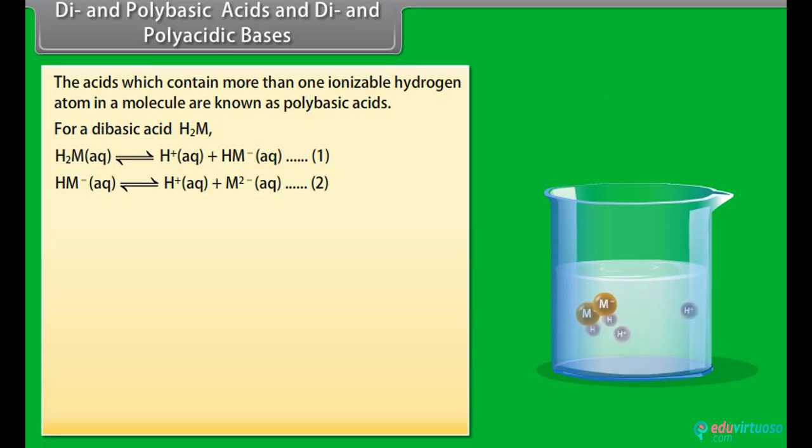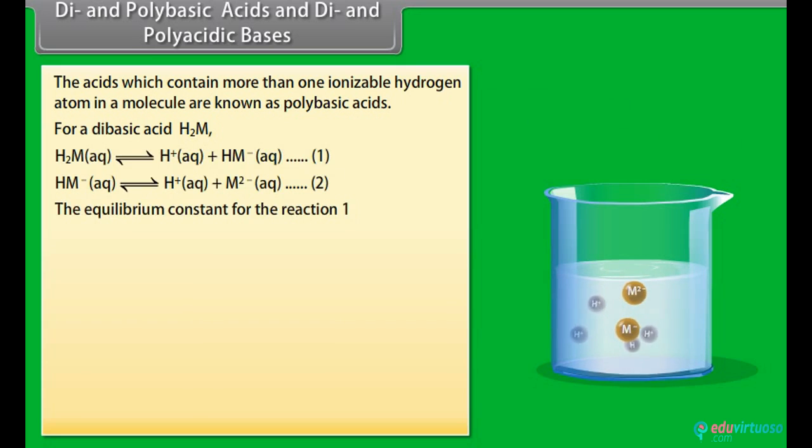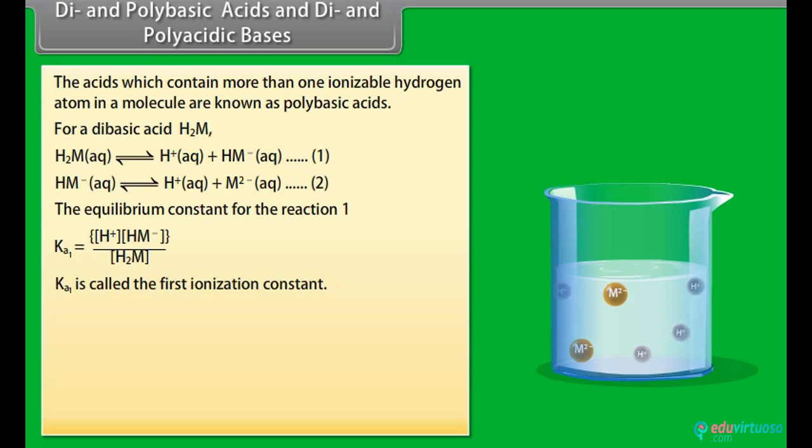Name it as reaction 2. The equilibrium constant for the reaction 1, Ka1 is equal to H plus into HM minus by H2M. Ka1 is called the first ionization constant.